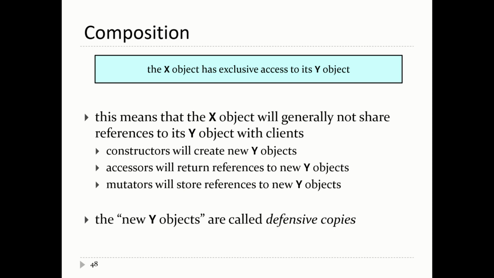You have to return a copy of the internal field. If you have a mutator method that changes one of your internal fields to a new Y object, or to a passed-in Y object, then you have to make a copy of the incoming Y object. All of those copies are called defensive copies. They're defensive because they're needed to ensure that the X object has exclusive access to its Y object.